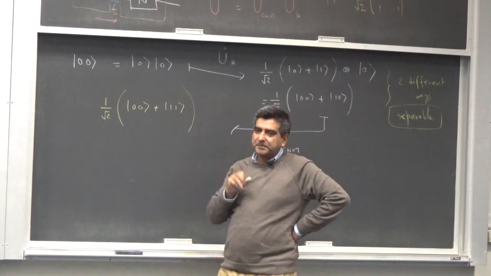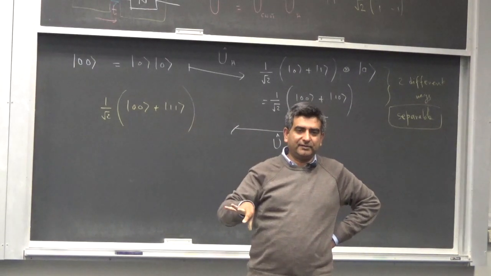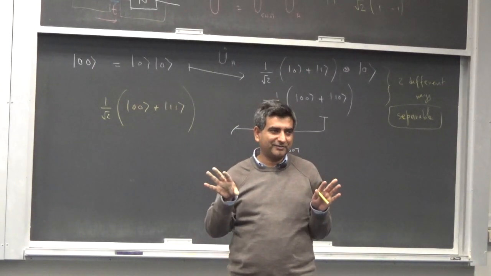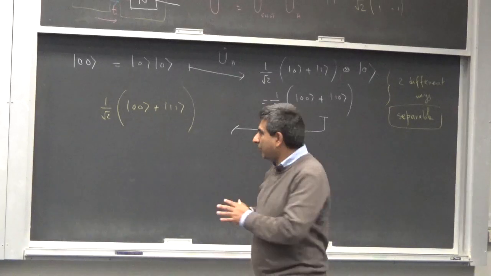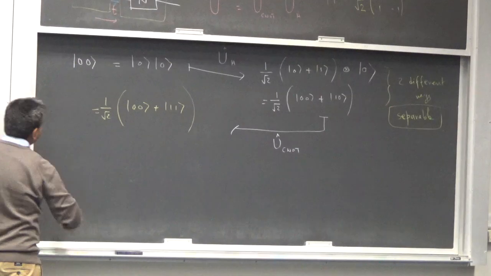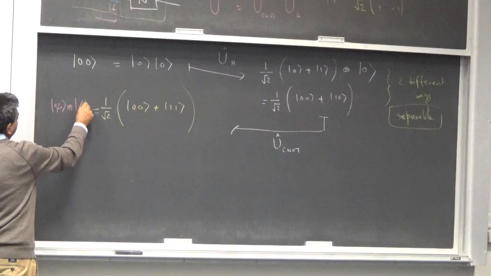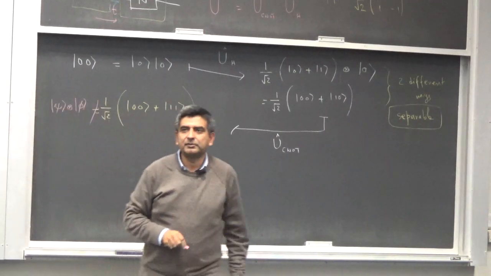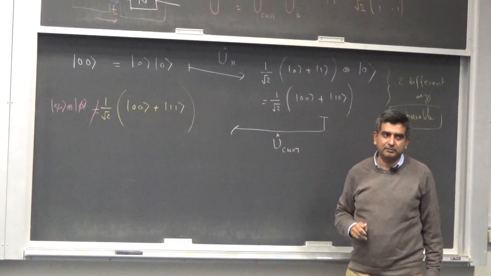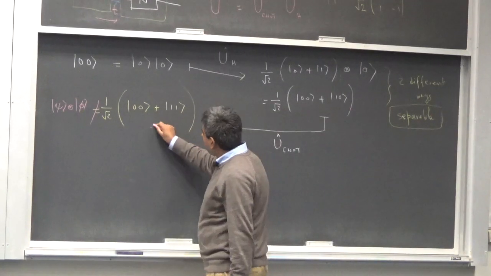Second question, is this a separable state? Is it possible for me to factorize this into something on the first qubit and something on the second qubit? No, it's not possible. So I cannot write this as some psi on the first qubit tensored with some phi on the second qubit. I cannot write it in this fashion. It's impossible to do that. Correct? This is our first example of an entangled state.